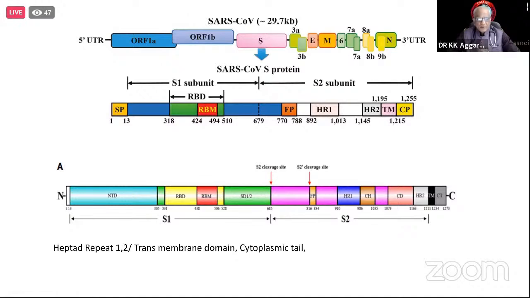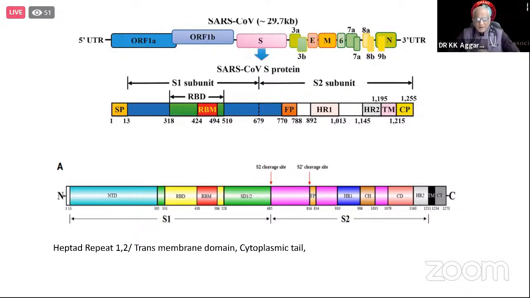So NSP 1, 2, 3, 4, 5, 6 to 16 are present in ORF1A and ORF1B. Out of this, NSP14 is important, which is responsible for the proofreading mechanism.